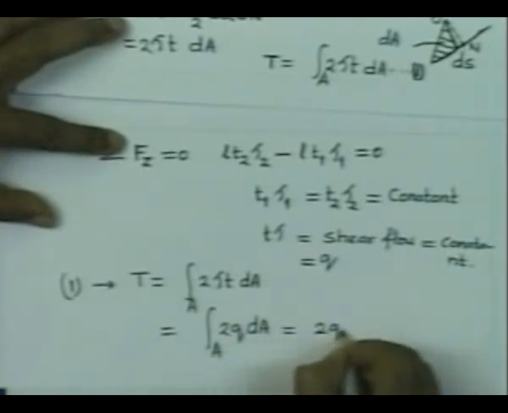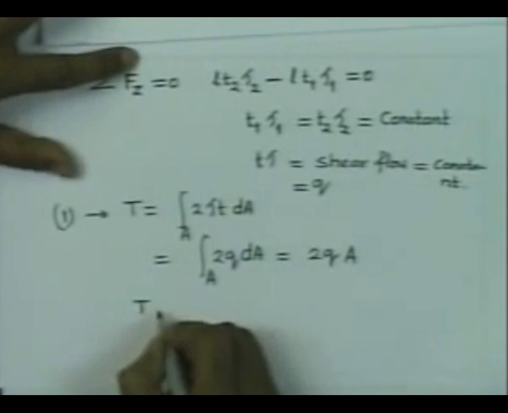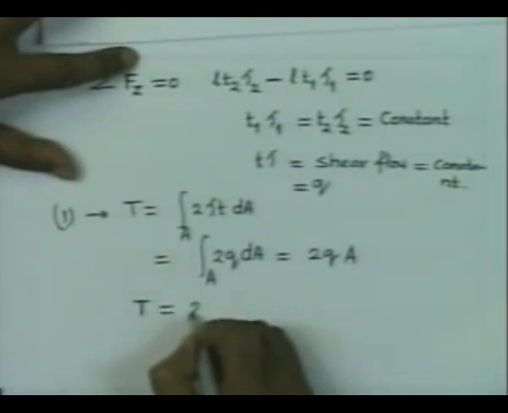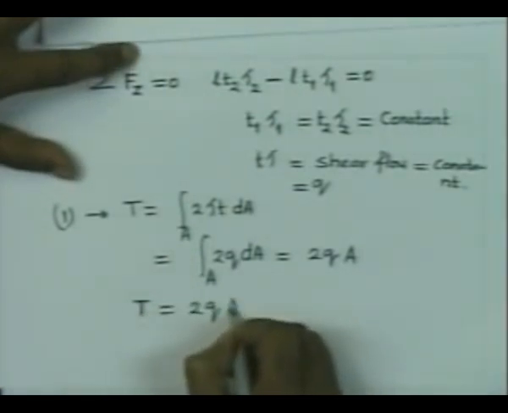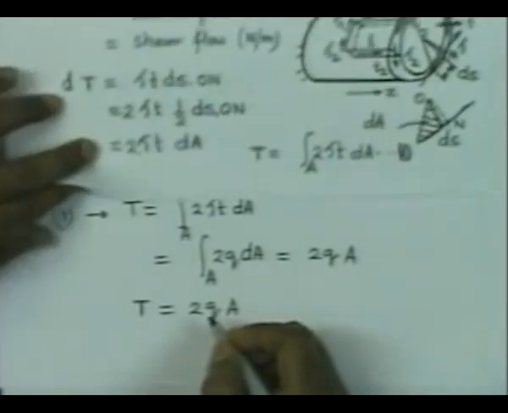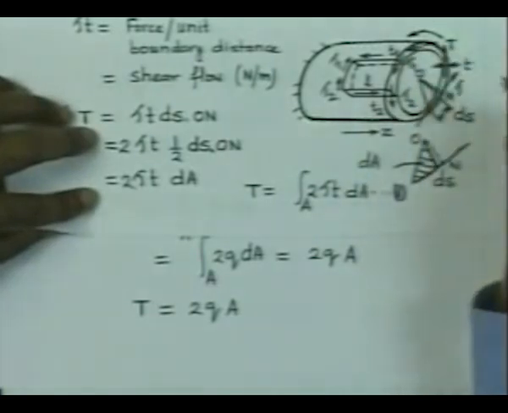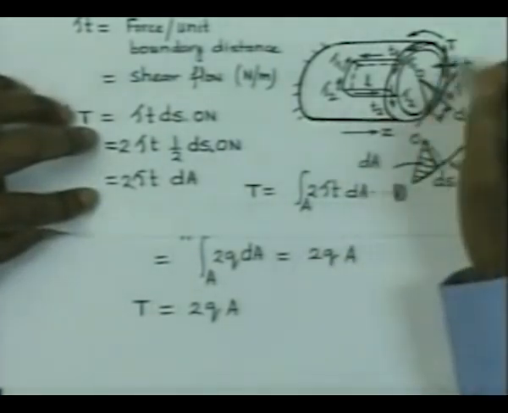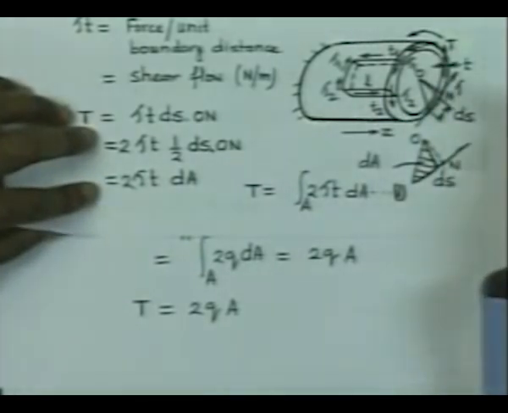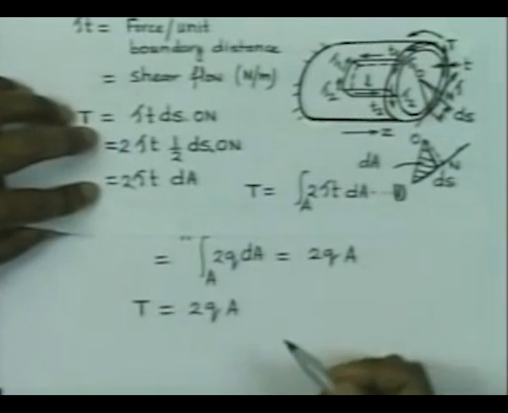So, therefore, this is 2Q, and integration of dA is nothing but A. So, torque capacity is related to shear flow multiplied by this area. What is this area? This area is nothing but the area enclosed by the center line of the, approximately we can take it to be the center line of the cross section. So, center line of this section is nothing but A.